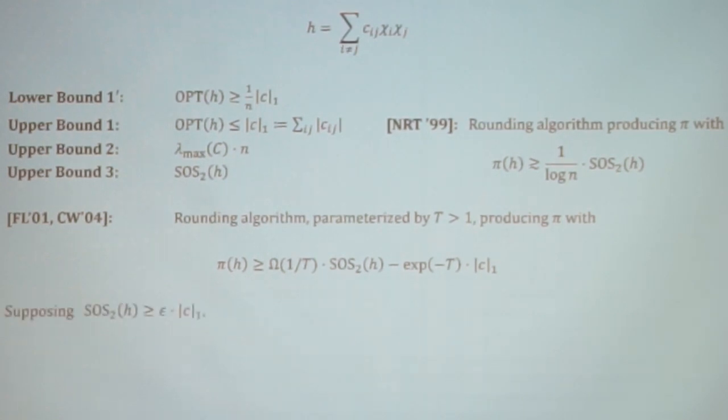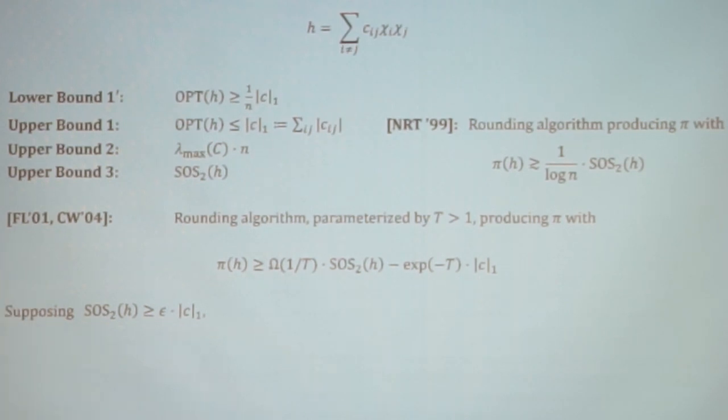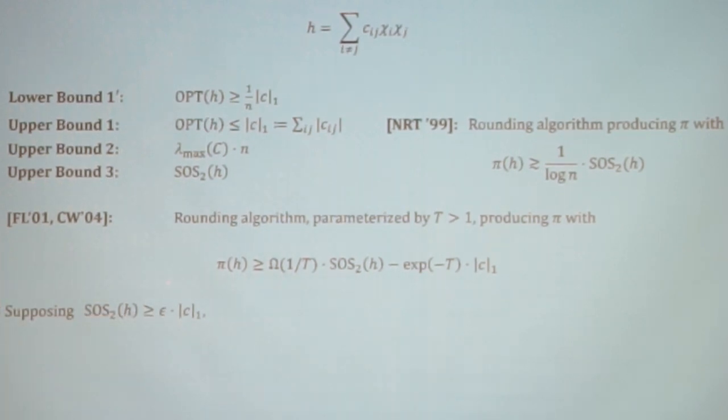So let's say you solve your semidefinite program and you get this number, SOS2 of H, which is an upper bound on the true optimum. And you notice it's reasonably large compared to this super naive upper bound, the sum of the coefficients. So let's say it's at least some epsilon times the sum of the coefficients. Great.